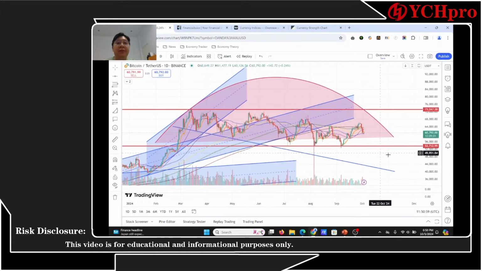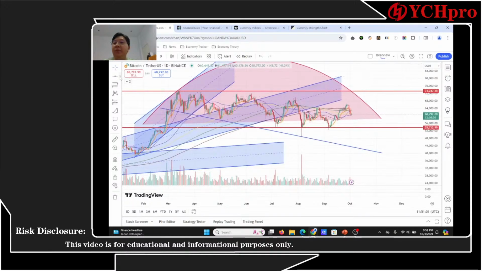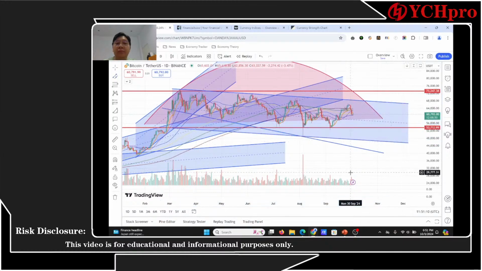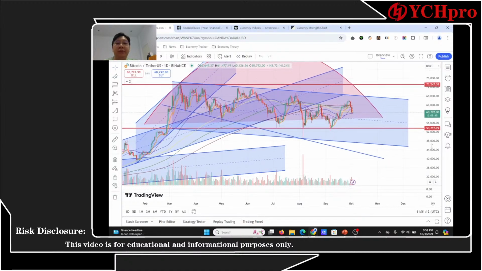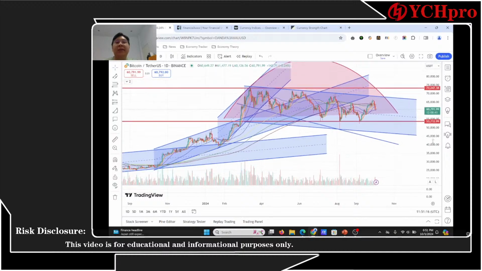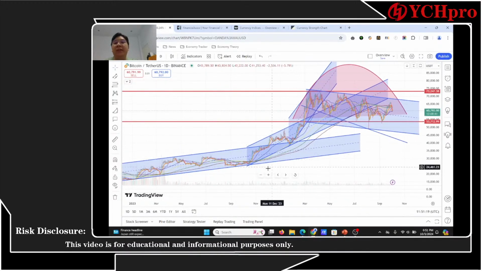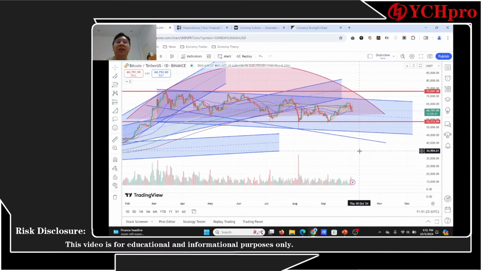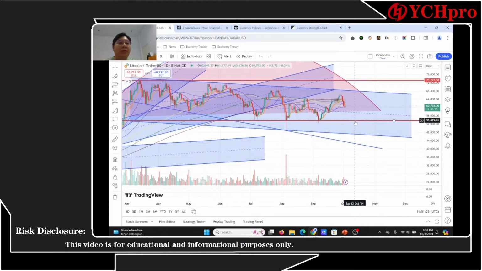As you could have seen, it even built up a new downtrend line. So in the overall view of Bitcoin, it has already phased out of its uptrend phase, and right now it's in sideways momentum, either breaking down below 53,000 or breaking out higher than 68,000.